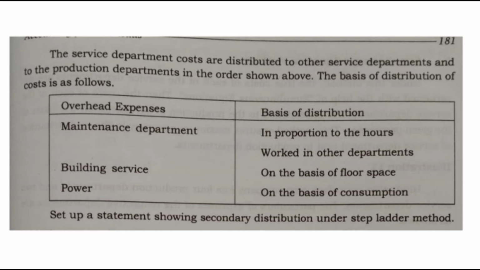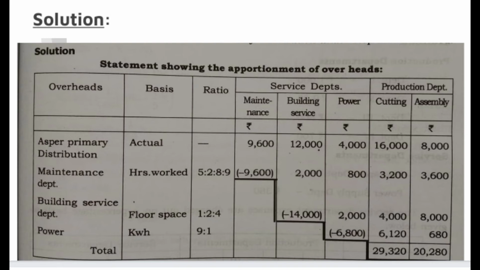This is our question. While coming to the solution, we are preparing a statement showing the apportionment of overheads under the step ladder method. Here also our columns are overheads, basis, ratio, 3 service departments and 2 production departments. While writing department columns, we have to write the service department columns first.